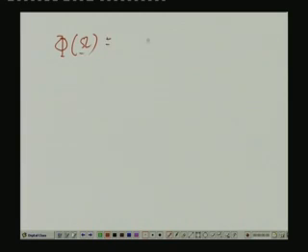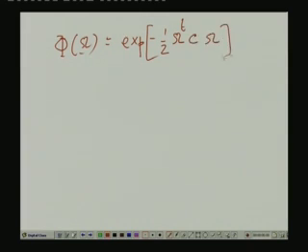This is nothing but exponential minus half omega transpose C omega, because my omega is always a column vector, unlike Papoulis's standard definition where he takes the vector to be always in row form. My vectors are in column form, so I put transpose. So, matrix into column vector gets a column vector, row vector into column vector is a scalar number.